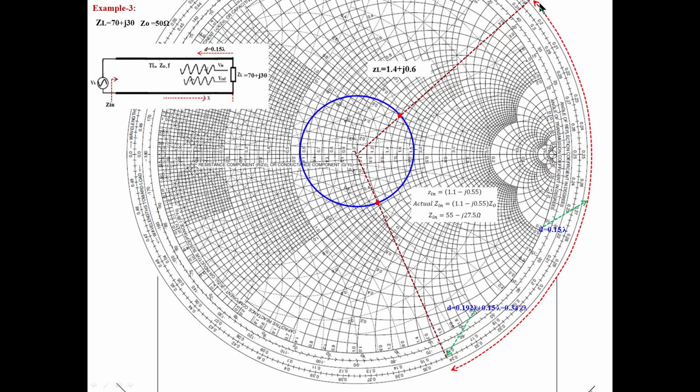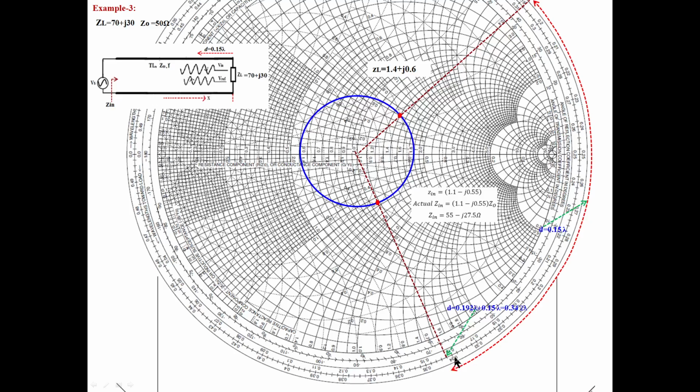Where are we going to stop? Adding 0.15 lambda to 0.192 lambda gives 0.342 lambda. So you stop at a scale value of 0.342 lambda.